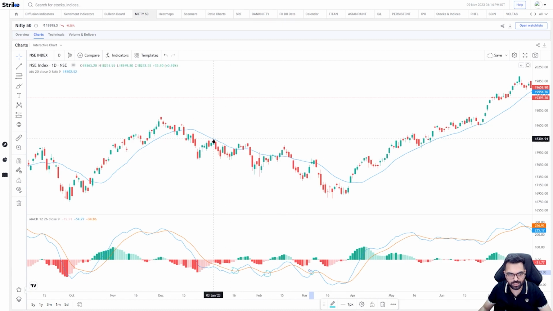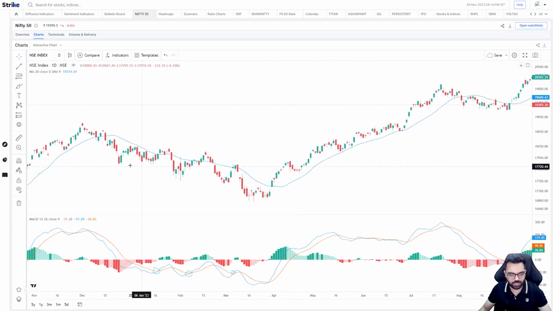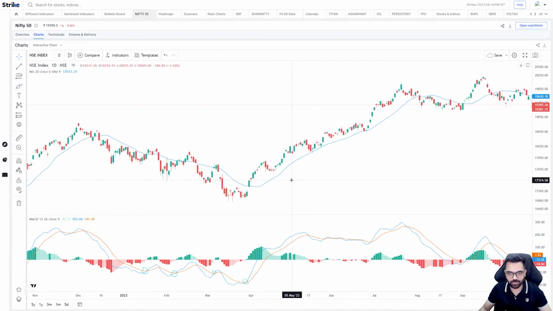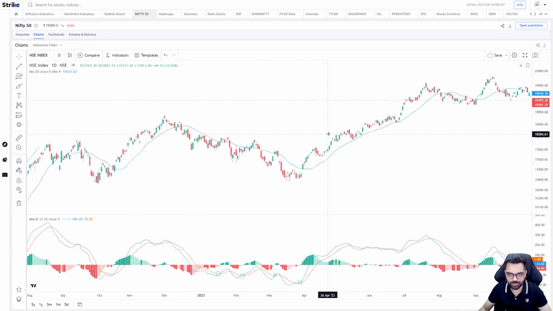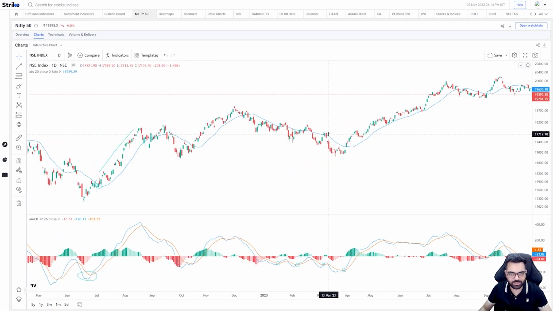As you can see, the 20-day average was not being held on a closing basis properly. Then again, the fourth time when MACD gave us a bullish signal, the price continued to stay above the 20-day average. So a simple tool like the 20-day average helped us to filter out bad signals and stick with the good signals. Now this is just one example. You can combine it with any other period moving average or any other trend following tool.